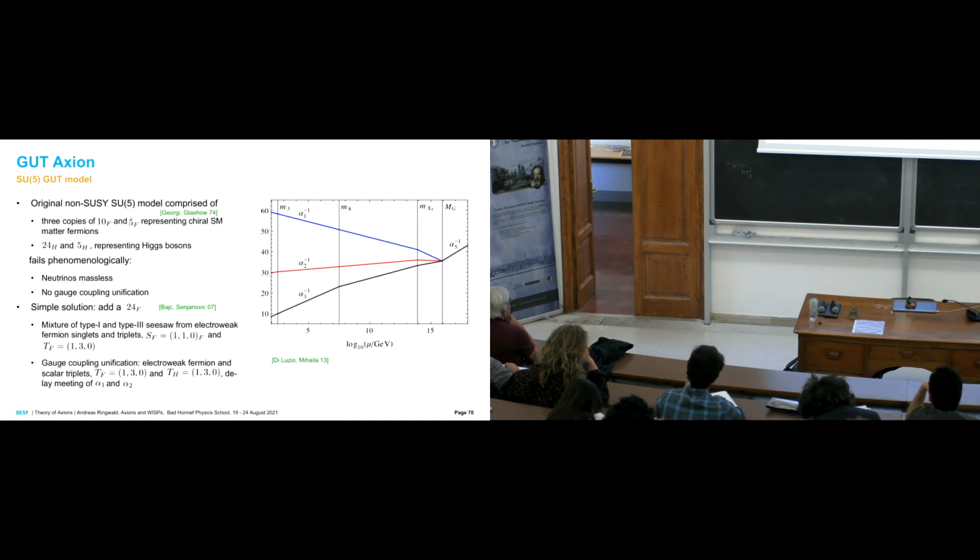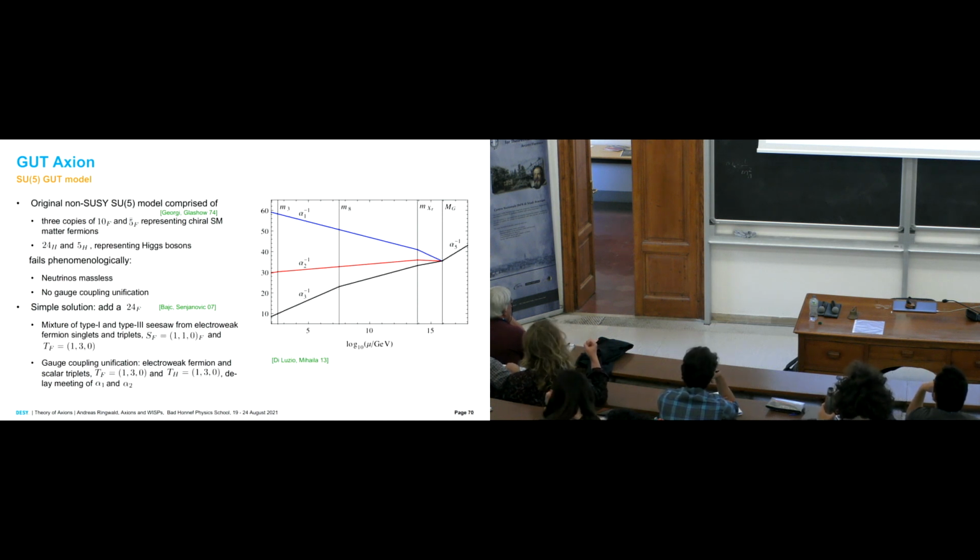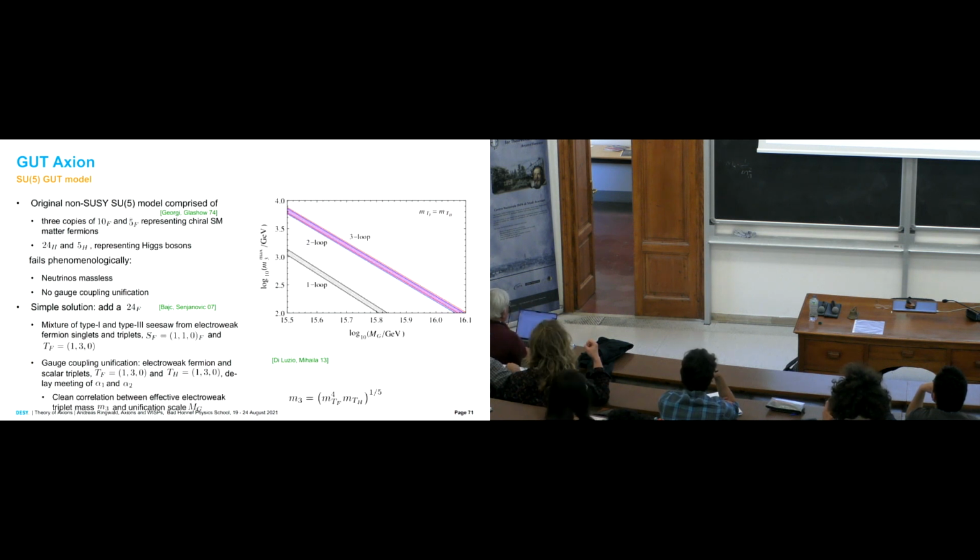So it gives an answer to neutrino masses and mixing, and also to gauge coupling unification, because there is now this 24_F. In addition, this helps to unify the couplings at high energies, which was pointed out by Luca and collaborators.